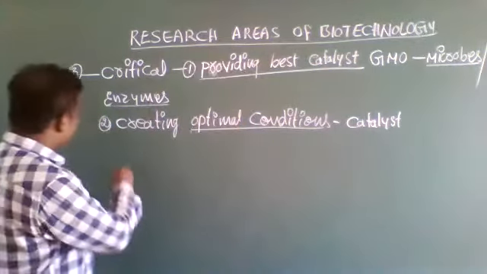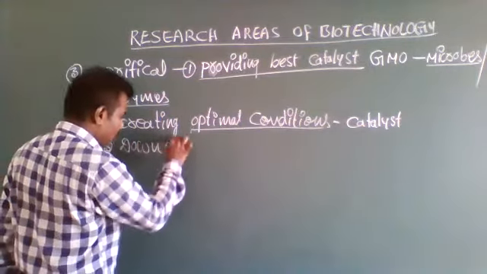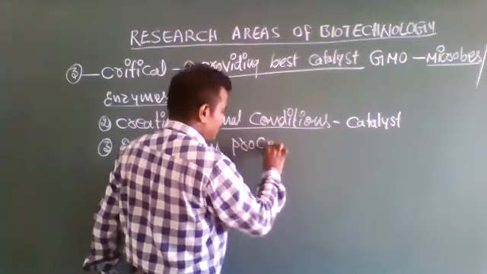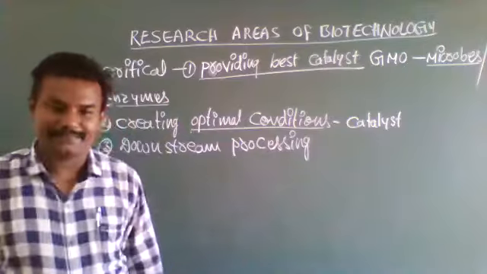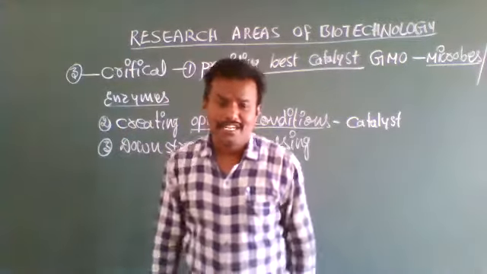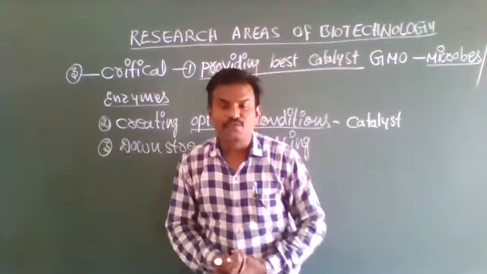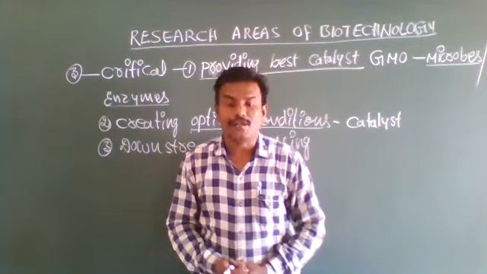The third one is downstream processing. Downstream processing technology, which we have already discussed, refers to the separation and purification of desirable products and organic compounds.